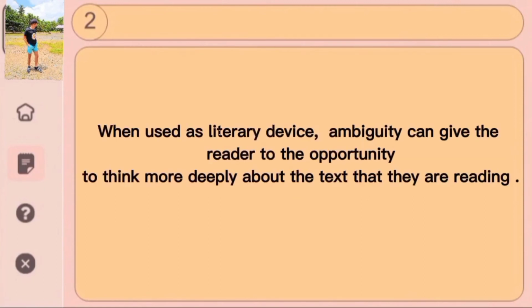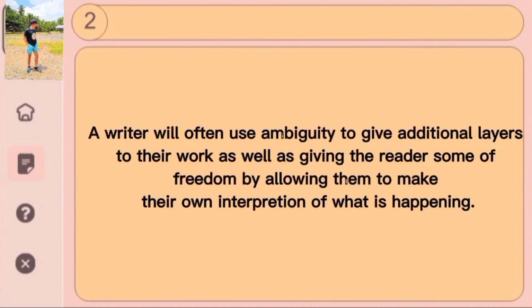When you use it as a literary device, ambiguity gives the reader the opportunity to think more deeply about the text that they are reading. A writer will often use ambiguity to give additional layers to their work, as well as to give the reader some freedom by allowing them to make their own interpretations of what is happening.